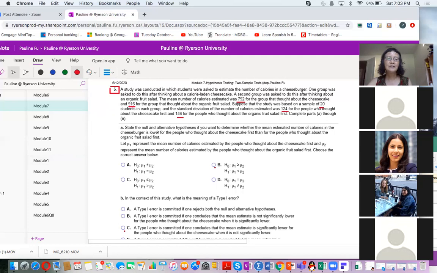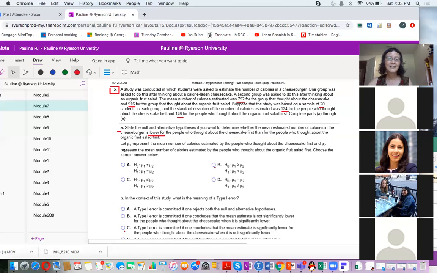State the null and alternative hypothesis if you want to determine whether the mean estimated number of calories in the cheeseburger is lower for people who thought about the cheesecake first than for the people who thought about organic fruit salad first. This is the key word, lower than.